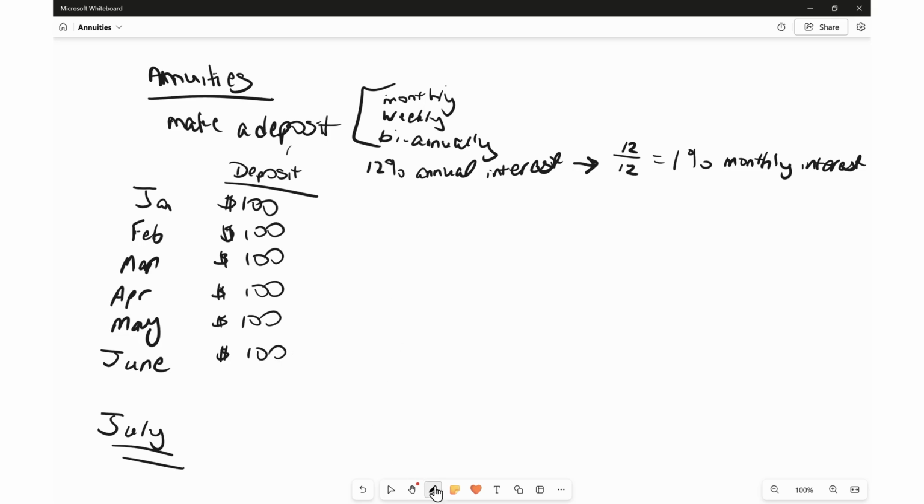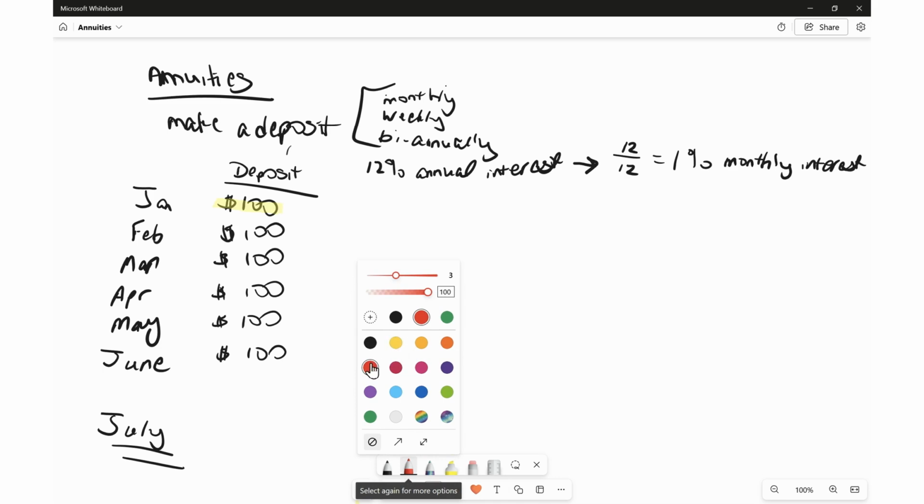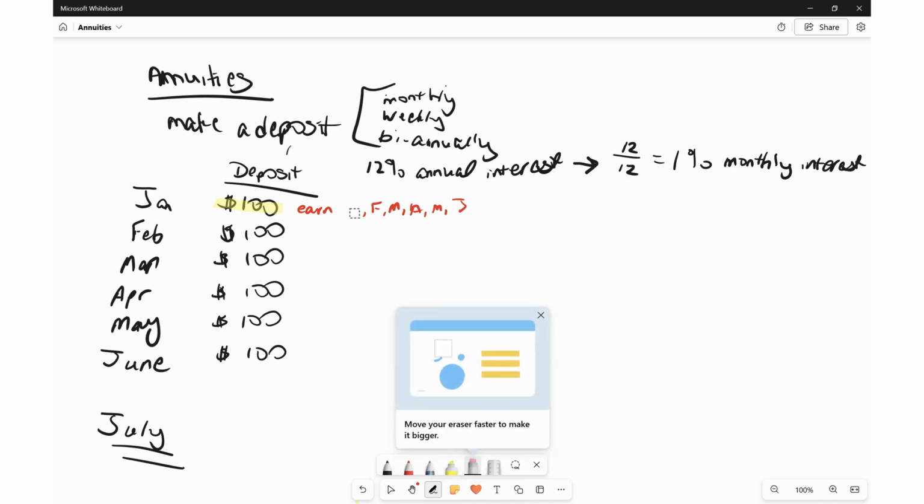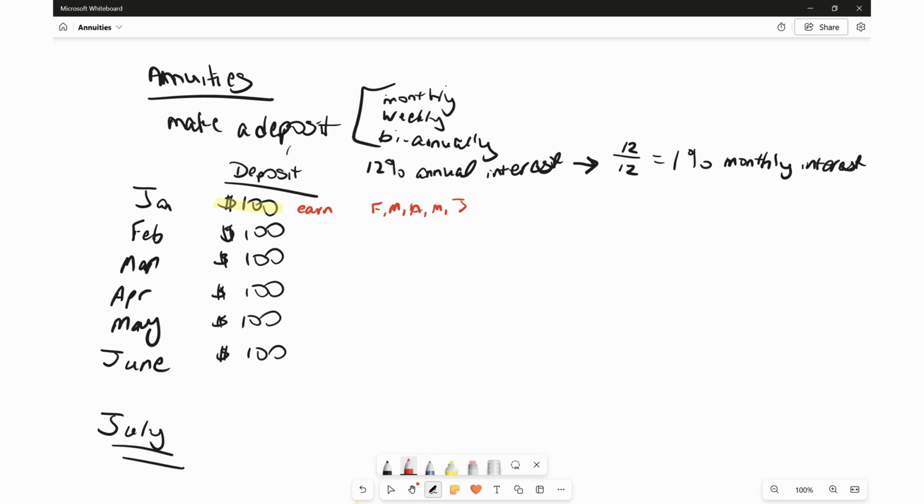Well, this amount that we deposit in January is going to earn interest. It will earn interest for January, February, March, April, May, and June. No, I take that back, because it won't earn interest until the next month. So it is going to earn interest for 5 months.